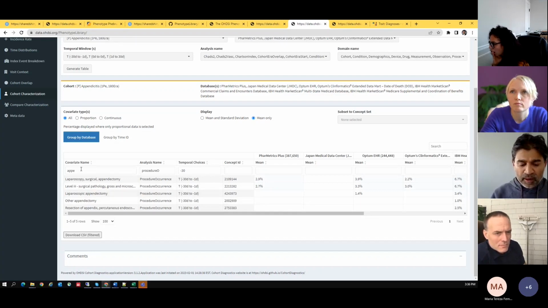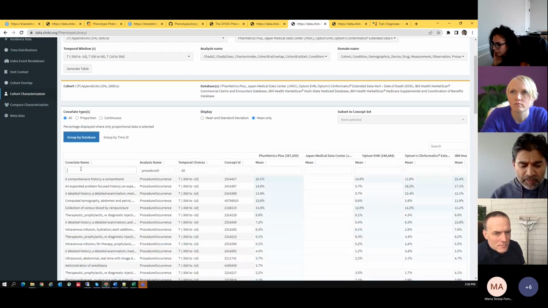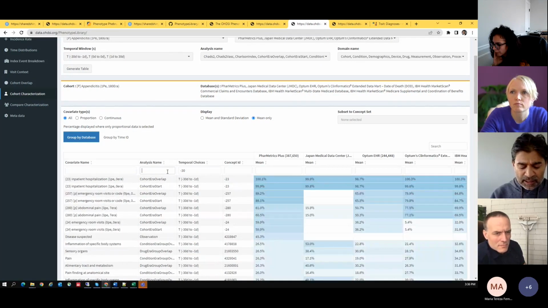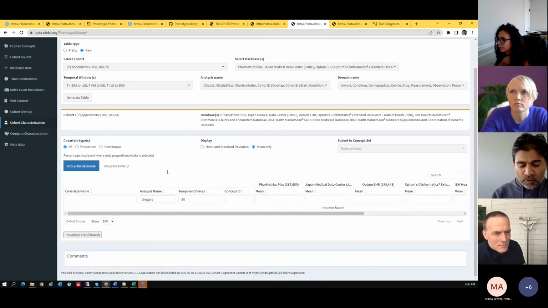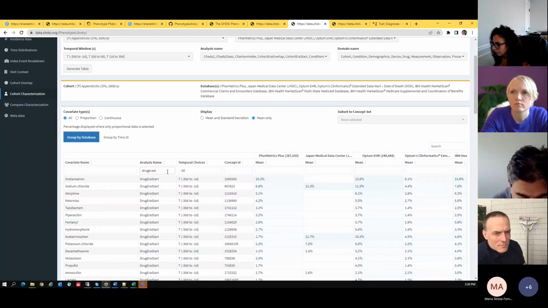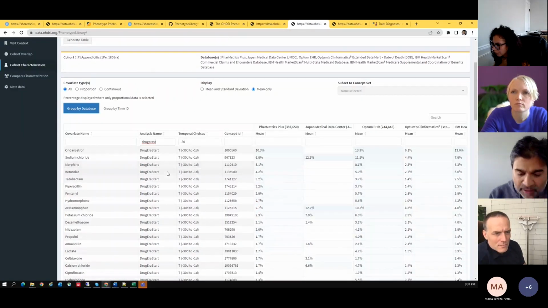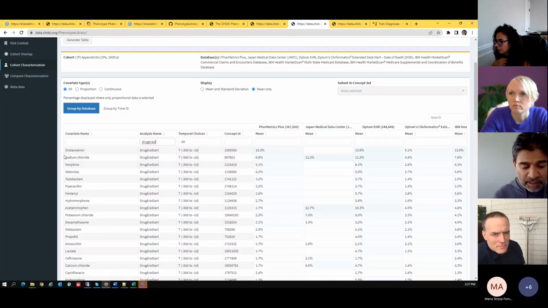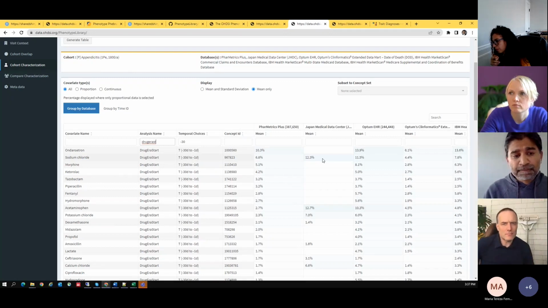Correct. Now, I would expect the antibiotics to be much higher because you could start the person on an antibiotic. Here we see ondansetron, which is much higher, given for nausea. Fluids are being given much more as well. So based on treatment, the index date misclassification could be 12% or so.